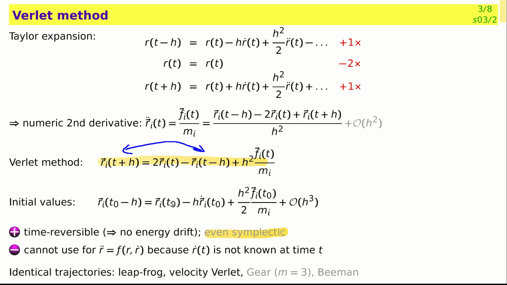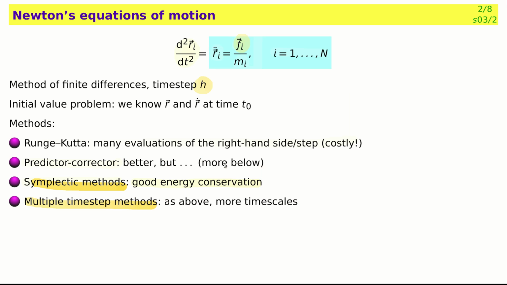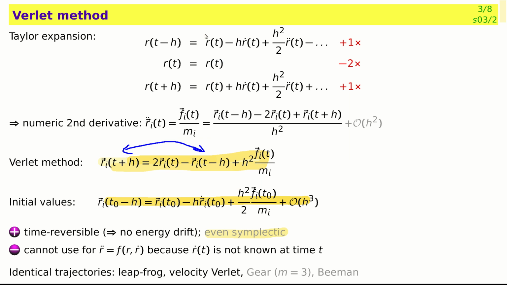But there is also a disadvantage. In this equation, I don't see a velocity. I can fix it for the initial value. I don't need the velocity on the right-hand side for the original equations of motion. But there are sometimes variants of the equations of motion that need the velocities. We will see such cases later.